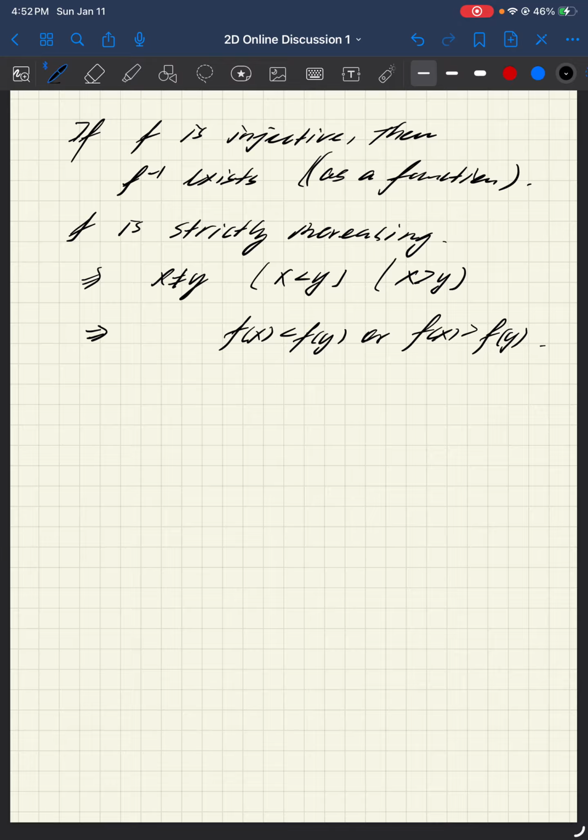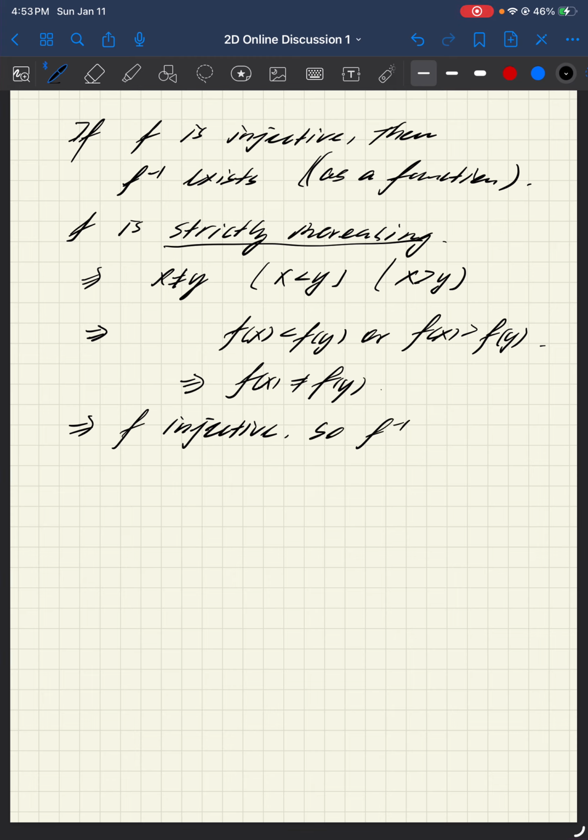But either case implies that f(x) is not equal to f(y). So strictly increasing implies f is injective. So f inverse exists.